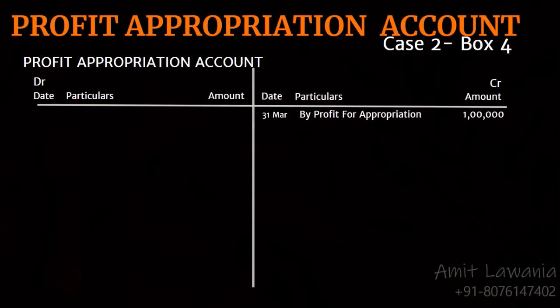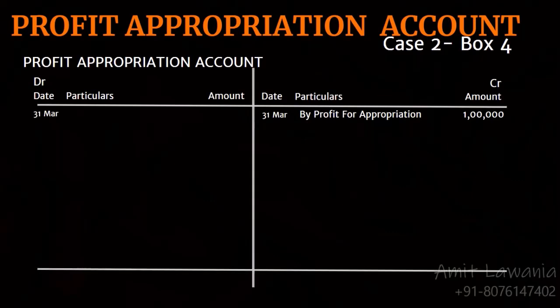No interest on drawings this time, so we go straight to the debit side. Date first, and since the profits are inadequate to meet the appropriation, no entries on the credit side will be posted.